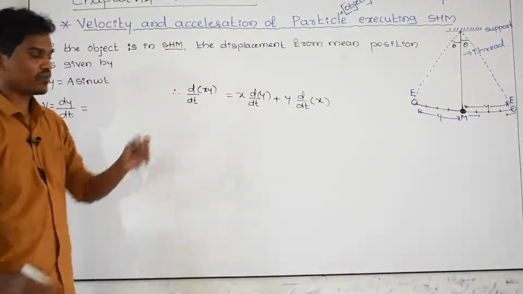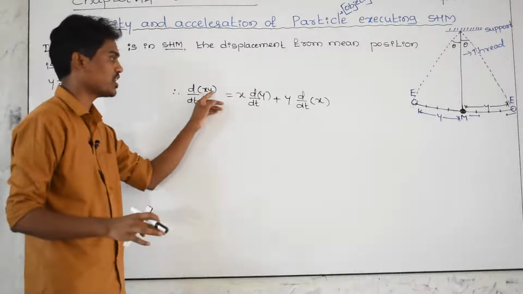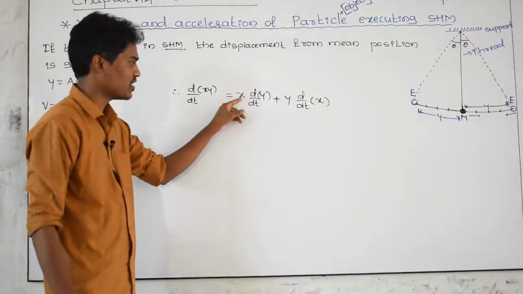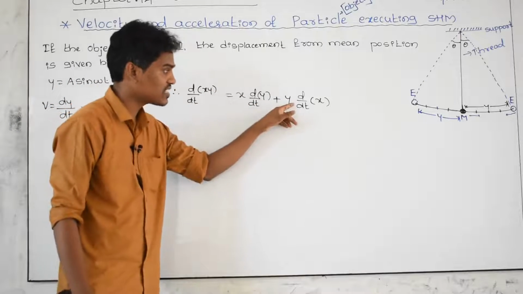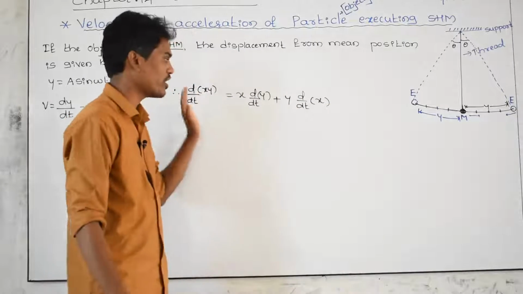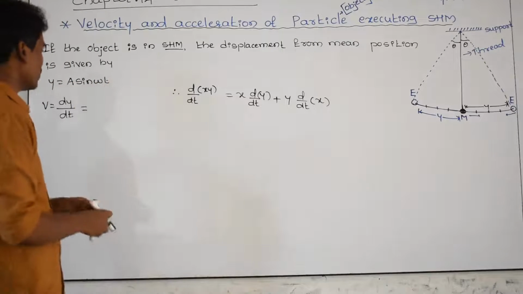This is the mathematical formula. We call it the product rule. Product in the sense multiplication between these two quantities. First keep x as it is, differentiate y, plus then keep y as it is and differentiate x. We are going to call it the product rule, and you have to apply that same formula here.